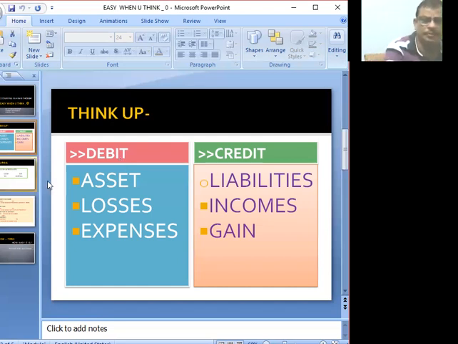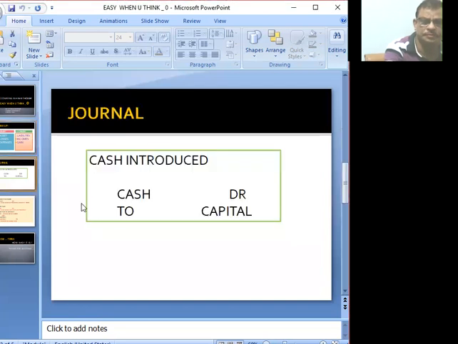If you go to the next slide, you see the journal comes. Now I think it is very clear. In the journal, the various transactions are recorded. First, when we start the business, cash is introduced in the business. So we have to see whether the cash will be debit or credit.